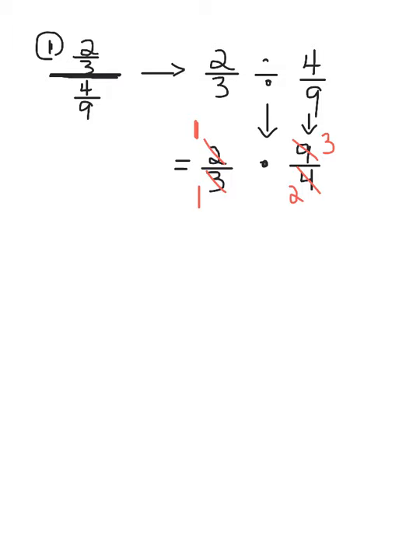And then remember, when we are multiplying fractions, we always multiply across. So numerator times numerator gives me 3. And then lastly, we multiply denominator by denominator, which gives me 2. And there's your answer, 3/2.